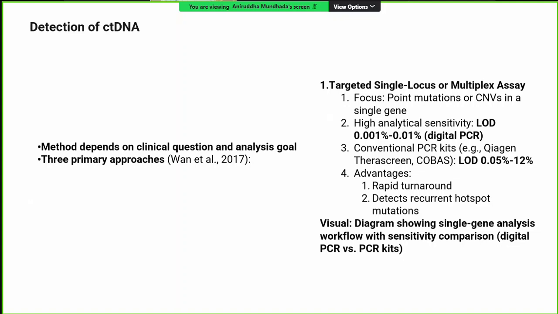Coming to detection of ctDNA using these three, I'll skip on this. I'll say this in short. So one is the targeted single locus or multiplex, which focuses on known mutations in a tumor profile. And this can have a high analytical sensitivity going up to 0.001% using ddPCR as well.